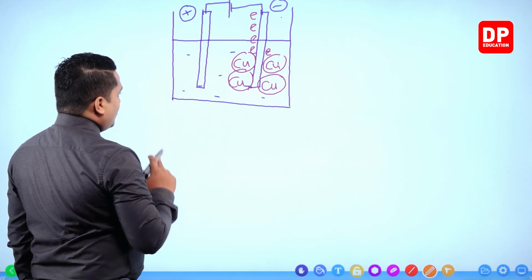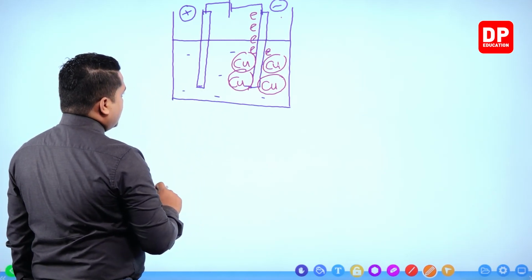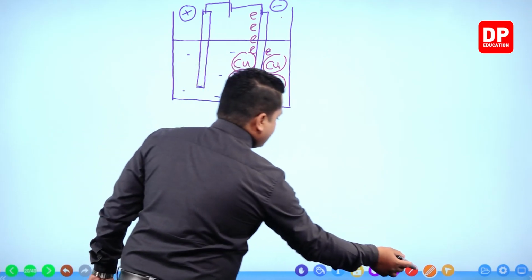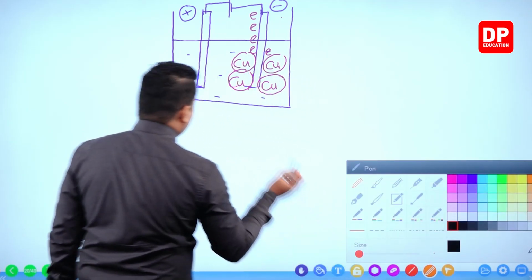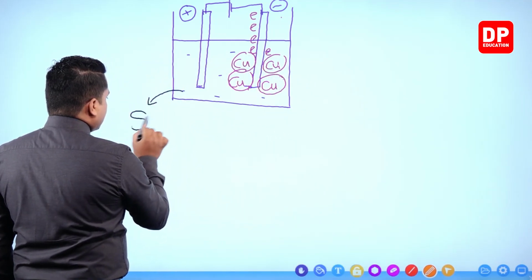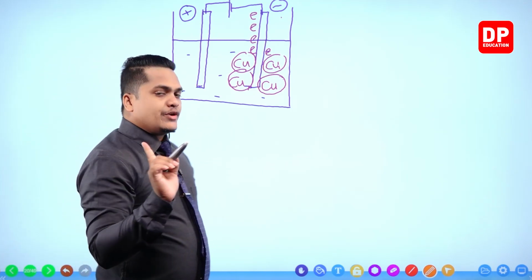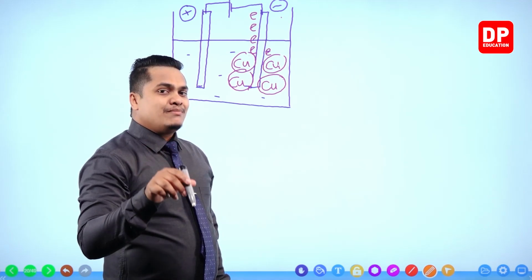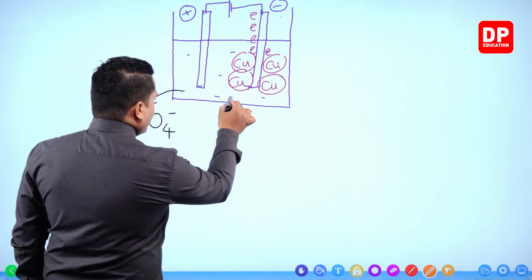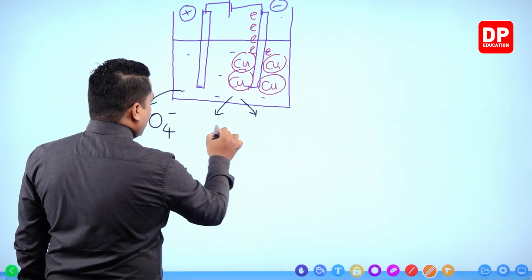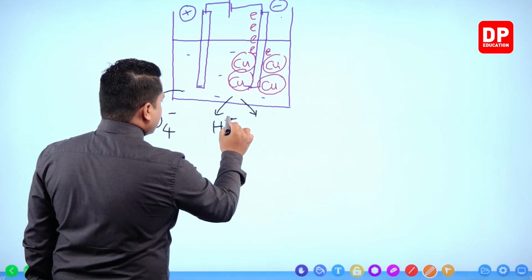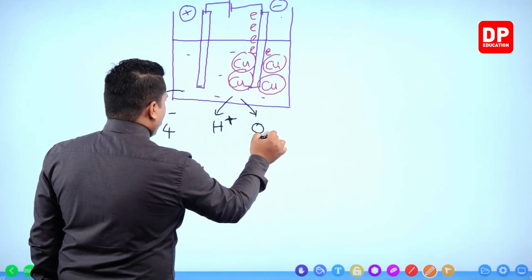Then the other case is somewhat different. Within the system over here, my dear children, there is the sulfate ion, and I told you that when substances are mixed with water, water separates into hydrogen plus and OH minus.